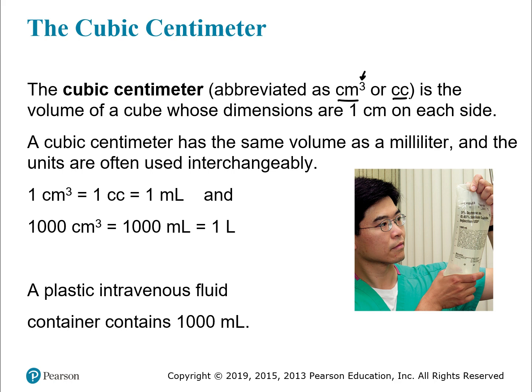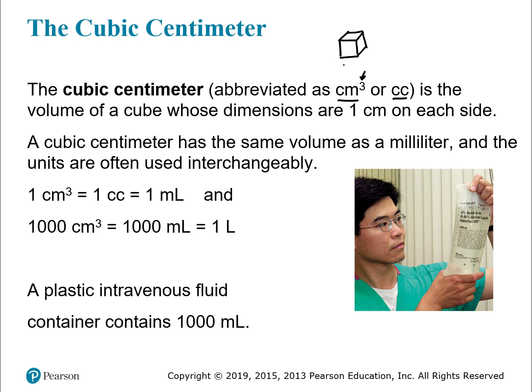What that means is you have a cube that has sides of 1 centimeter on each side. Now, again, I am not the best artist, but I always do my best. Not too bad.